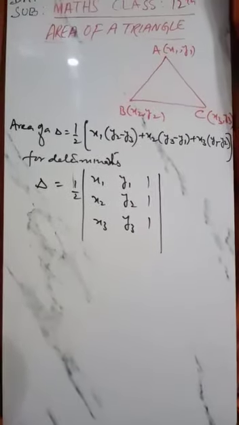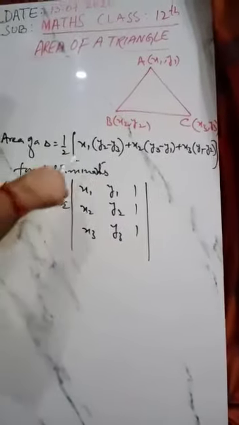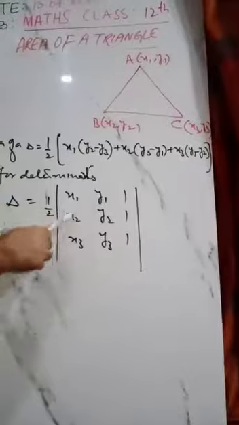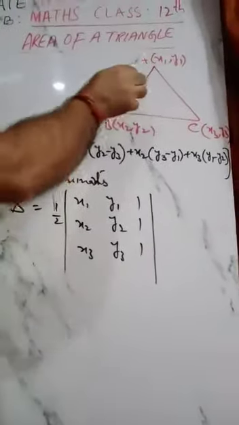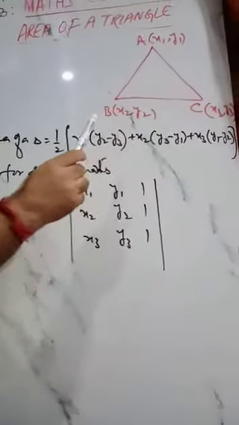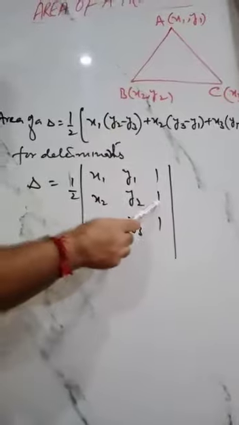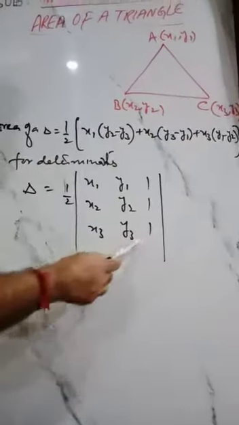So whenever you have to find the area of a triangle, you can put the vertices in this form. Suppose you have three vertices with coordinates x1 y1, x2 y2, x3 y3. So x1 y1 1, then x2 y2 1, then x3 y3 1.